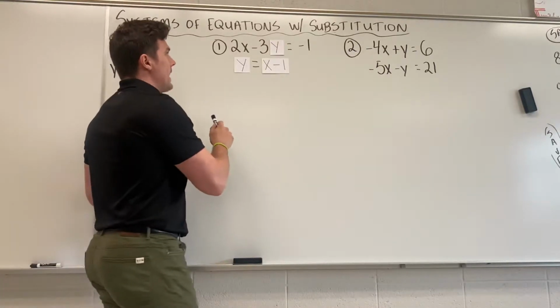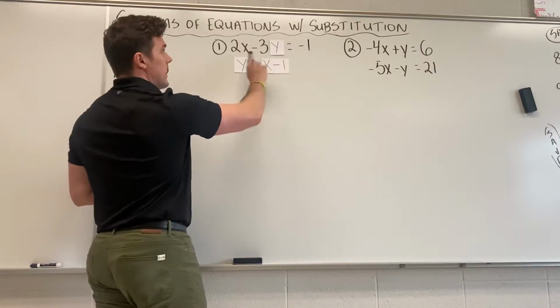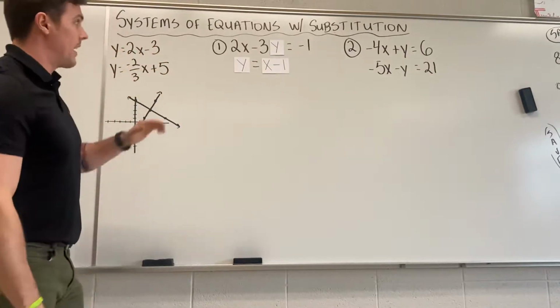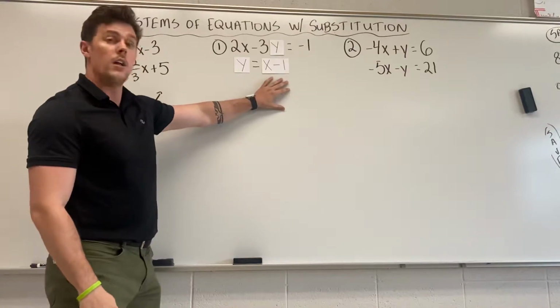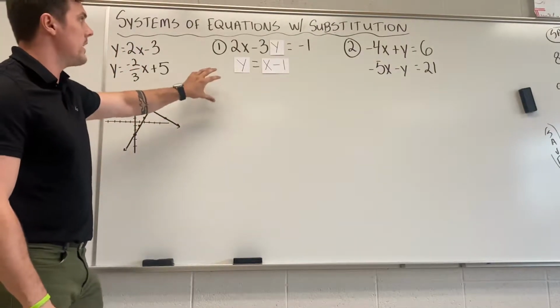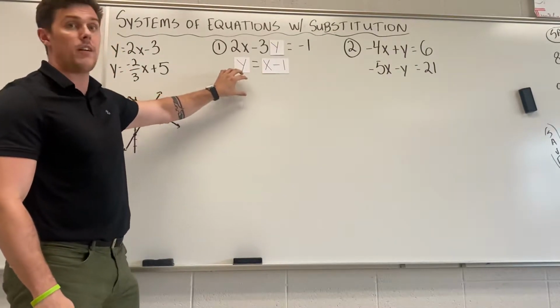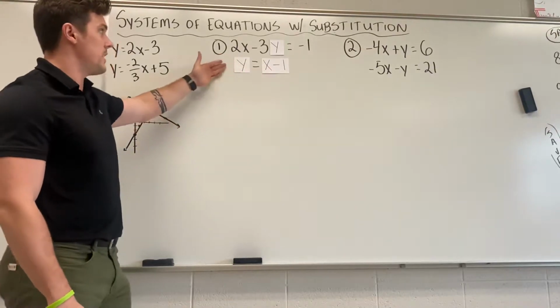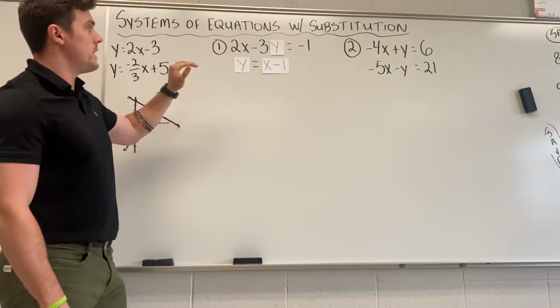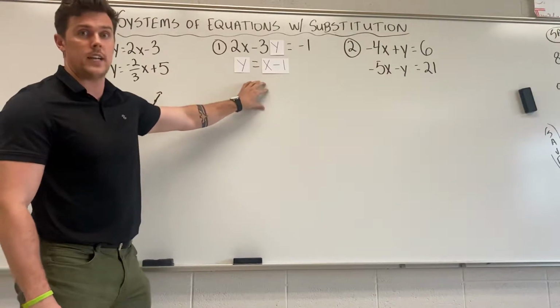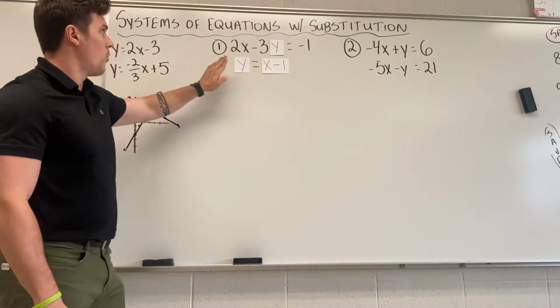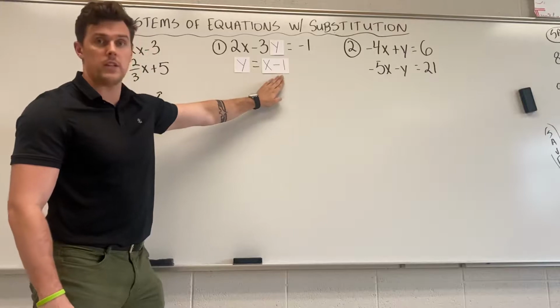So what that looks like is I have one equation that is in what we call standard form, then I have another equation in slope-intercept form, okay? With our second equation, what we really need though is we need our equation to be equal to either x or y, okay? This equation is equal to y, so because it's equal to y, here's what this math sentence says, okay? This math sentence says y equals x minus 1.